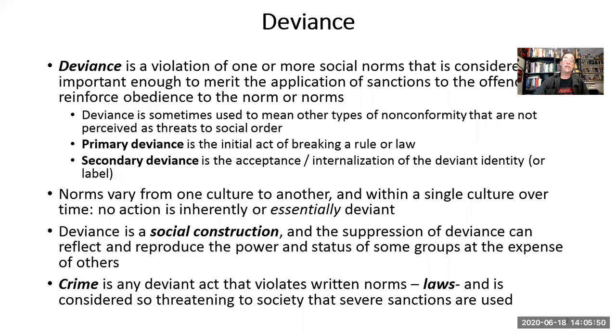But most do not believe now that a particular action is inherently deviant. Now, as I said, murder, for instance, is considered beyond deviance and into the realm of deviance which needs to be punished. There are laws, obviously, against murder in all societies.